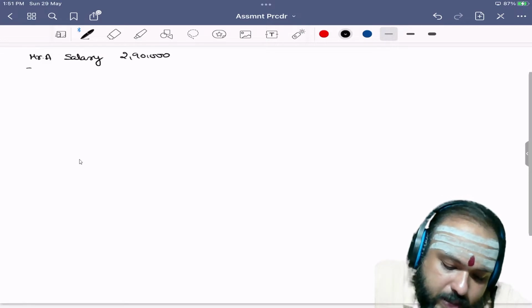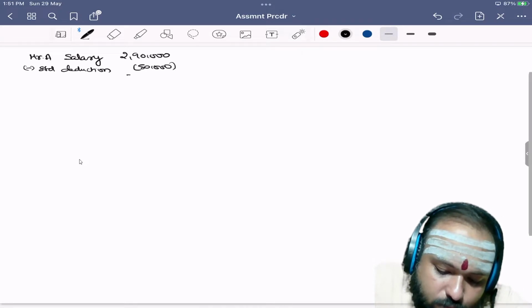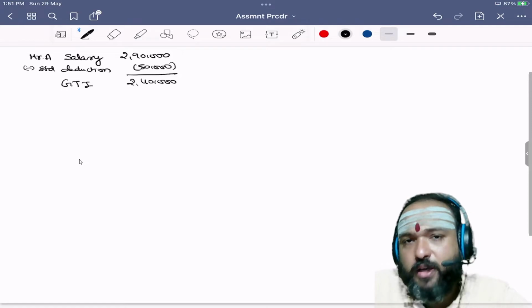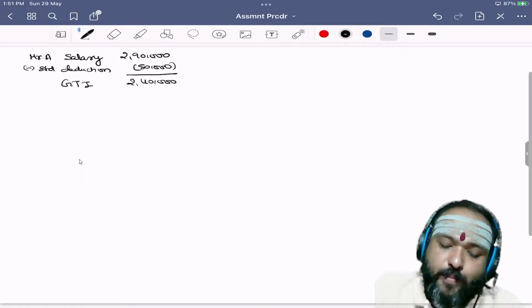So, is he eligible for standard deduction? He is eligible for standard deduction, and the amount of standard deduction is 50,000. Therefore, his gross total income is 2,40,000. In this case, is he liable to pay tax?